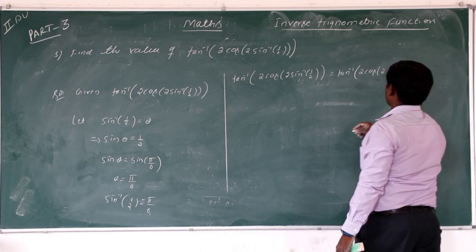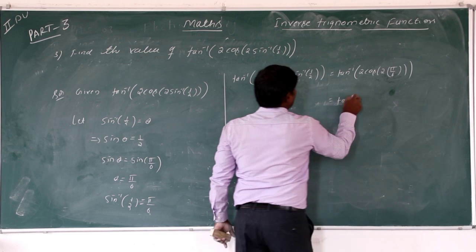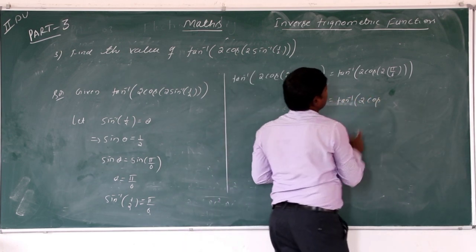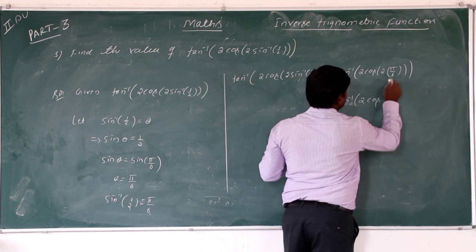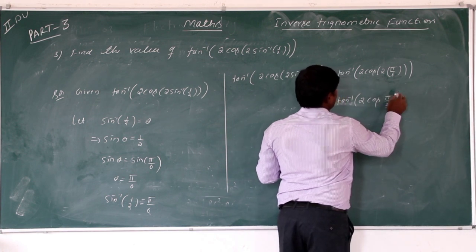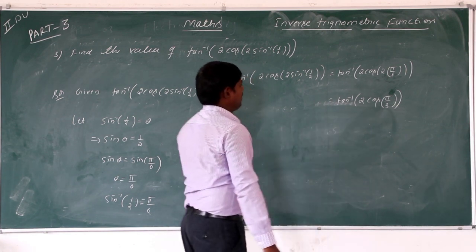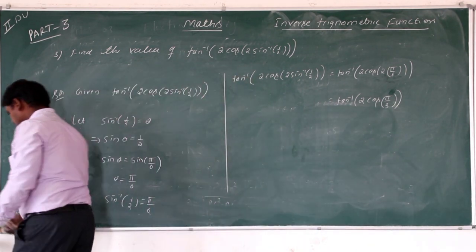Close the bracket. So this is tan inverse of 2 into cos of pi by 3. Close the bracket. Then find the value of cos pi by 3.